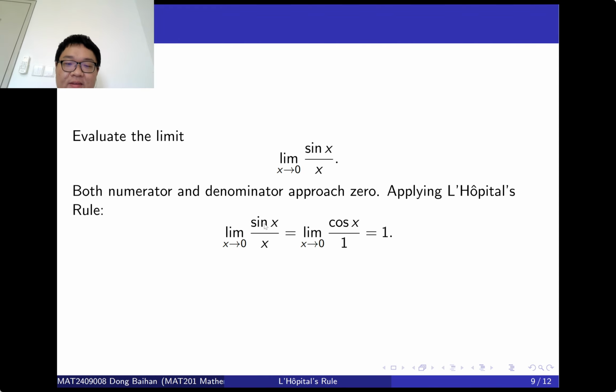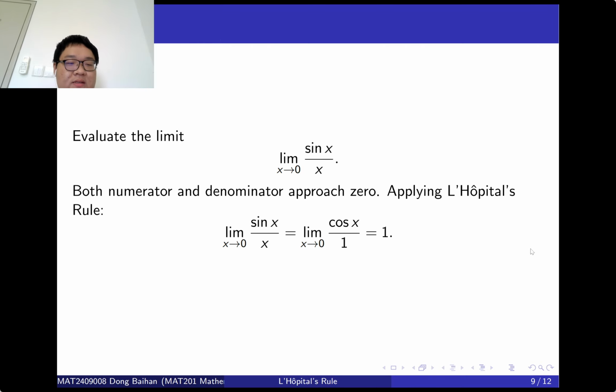The derivative of sin x is cosine x, and the derivative of x is 1. When x approaches 0, cosine 0 is 1. So it's 1 over 1, and the final answer is 1. This is easy but a classic example for the use of L'Hopital's rule.